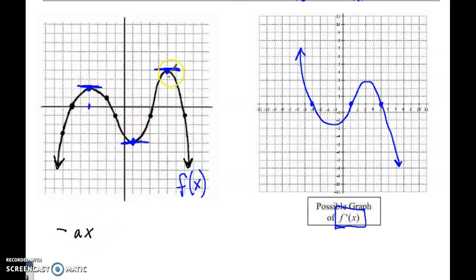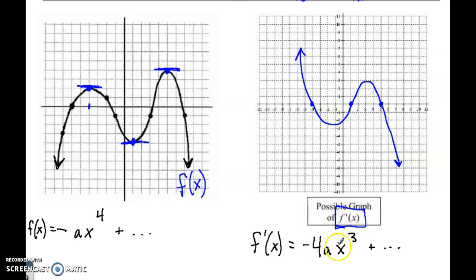And it has 3 turning points, so that means it's a quartic. Now, it could be something else, and I don't know anything else. But if I called this f of x, and then I asked you for the derivative, I hope you would all say, okay, bring the 4 in front, so it's negative 4 times that constant still, x to the third power, and so on and so forth.